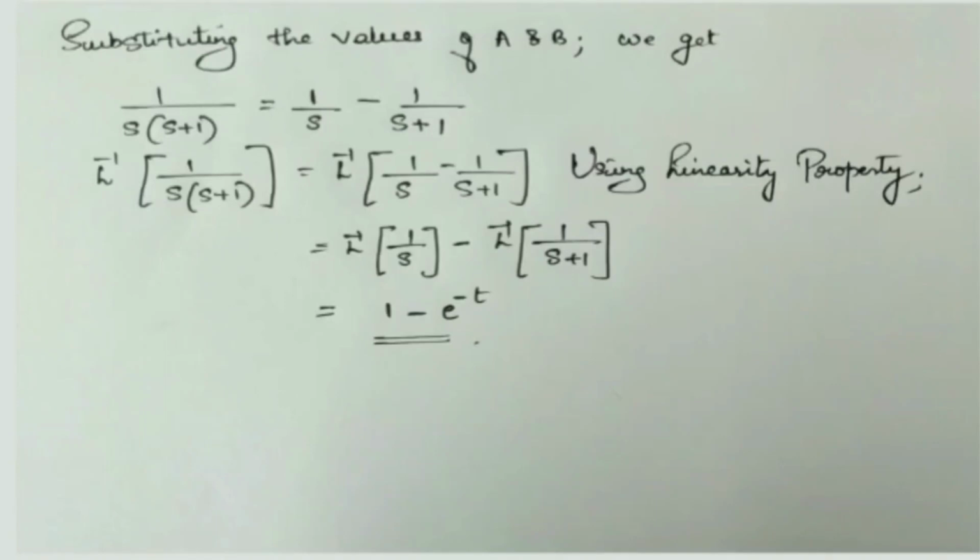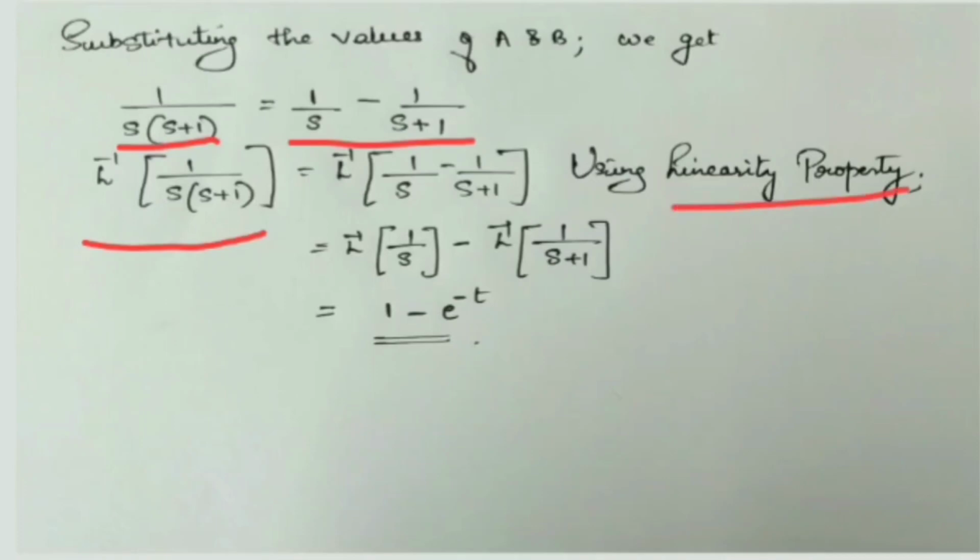We will substitute the values of the constants A and B in the equation. So we will get 1 by s into s plus 1 is equal to 1 by s minus 1 by s plus 1. Now we will take the inverse Laplace transform of 1 by s into s plus 1, which is equal to the inverse Laplace of 1 by s minus 1 by s plus 1.